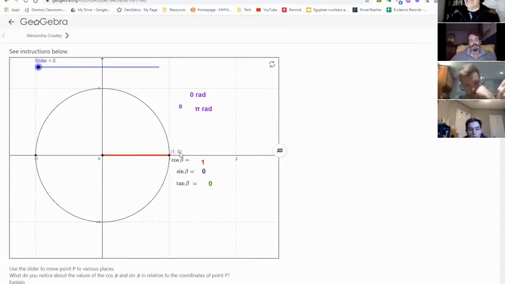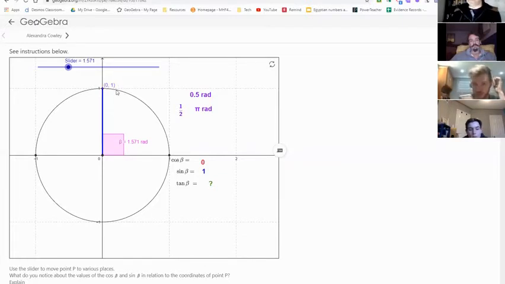So this tells me that the angle that I have is 0. Therefore, the cosine of 0 is 1. And the sine of 0 is 0. And then when I go to pi over 2, or 90 degrees, my coordinates are 0, 1. So what that tells me is for this angle, which is a right angle, the cosine is 0 and the sine is 1.